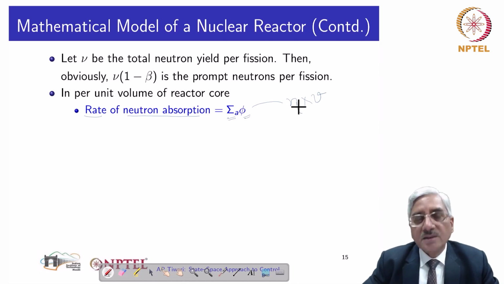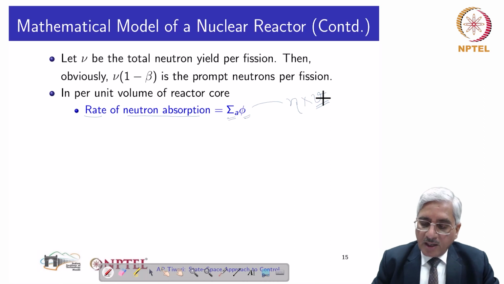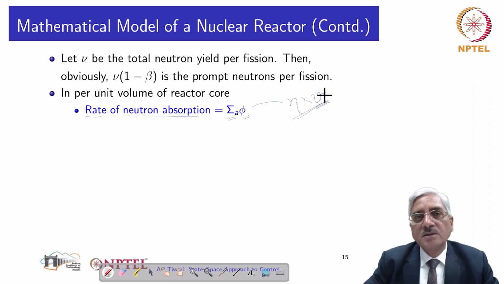The neutron density is the number of neutrons per unit volume, per centimeter cube, and v is the velocity of neutrons, and we consider that all neutrons have the same speed. So eta times v gives the number of neutrons which will actually impinge upon any target, any nuclei.